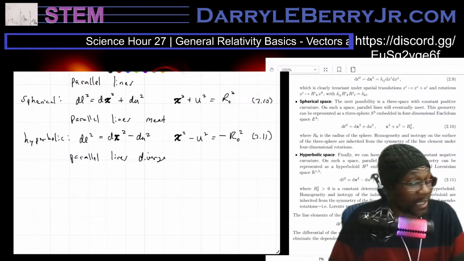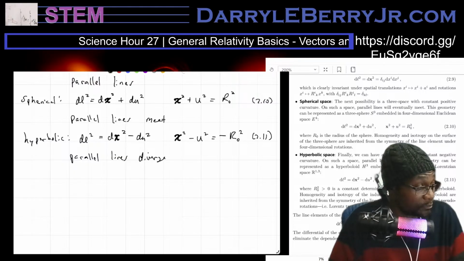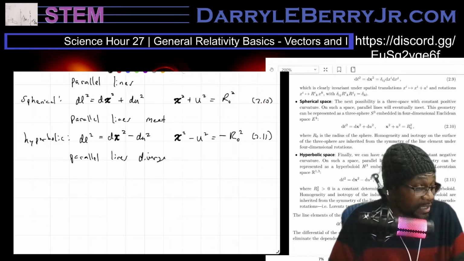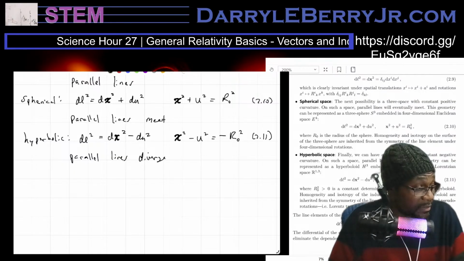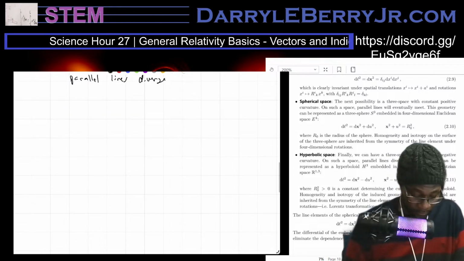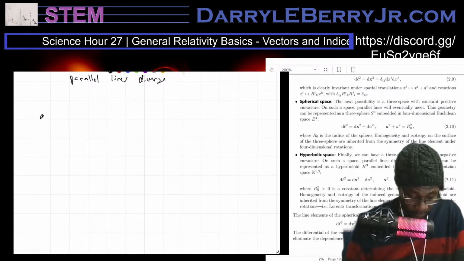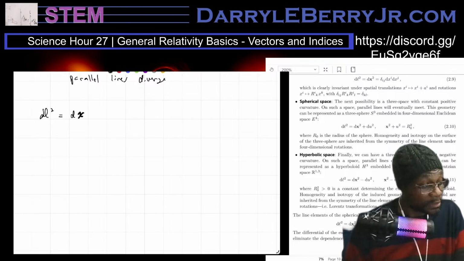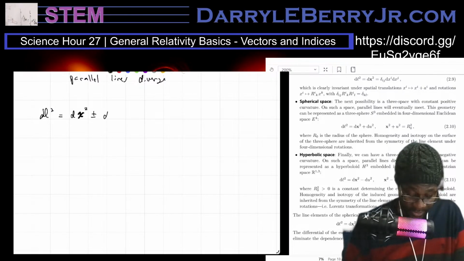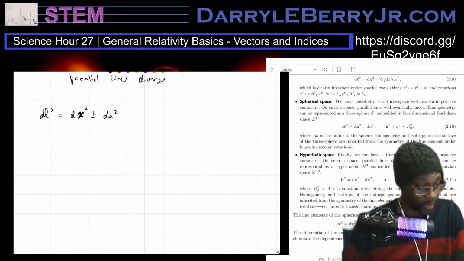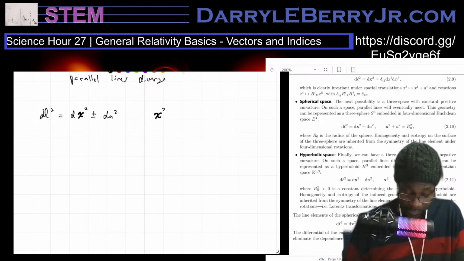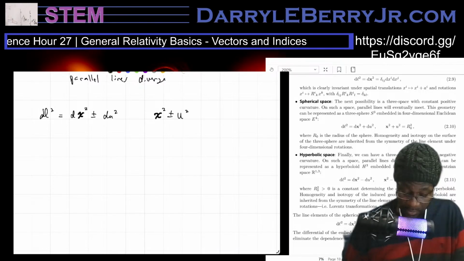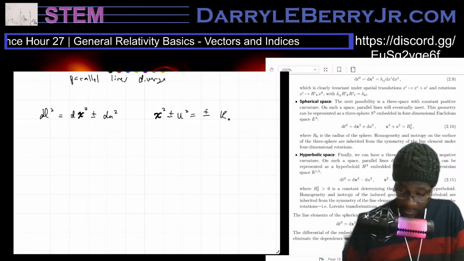The line elements of the spherical and hyperbolic cases can be combined as dl squared equals dx squared plus-minus du squared, and x squared plus-minus u squared equals plus-minus rho squared.